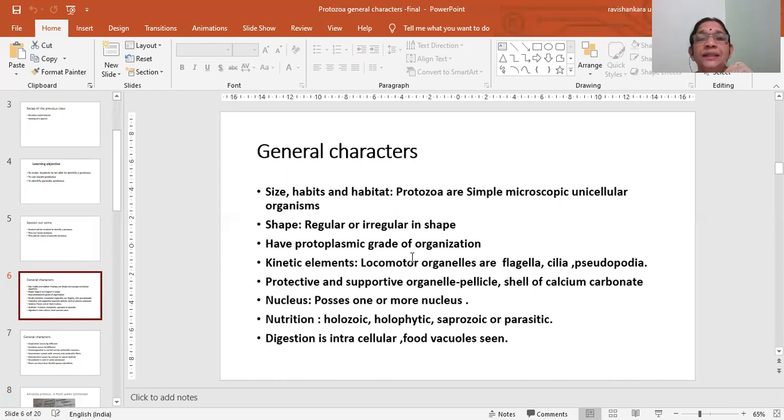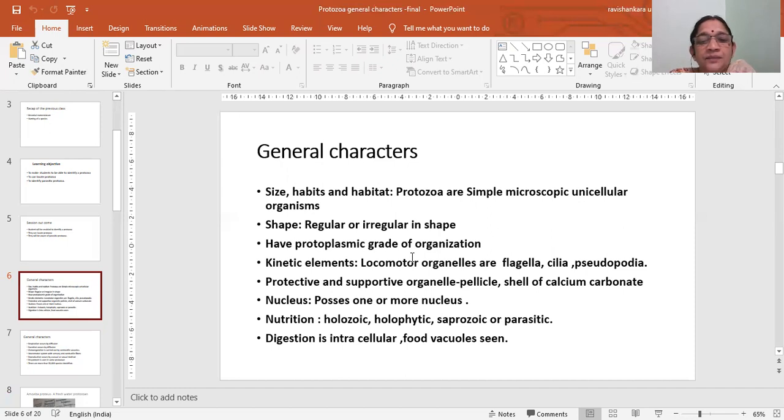Coming to the shape of the animalcule, they sometimes have a very regular shape, or sometimes an irregular shape. The shape is regular in certain protozoans where they have a pellicle in their body or a calcium carbonate covering the cell.